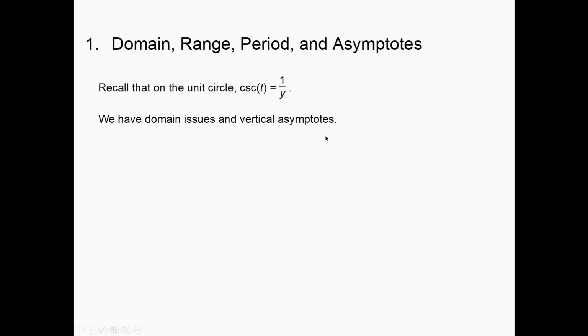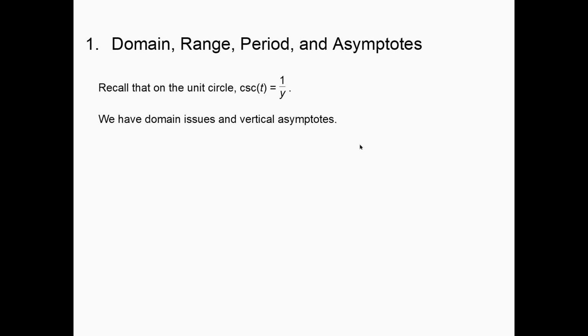Graph of the cosecant function. So domain, range, period, and asymptotes. On the unit circle, the cosecant of t is 1 over y. Aha, problems with y. So on the unit circle, where is y equal to 0? The fact that we have a denominator says we've got domain issues, we've got vertical asymptote issues.